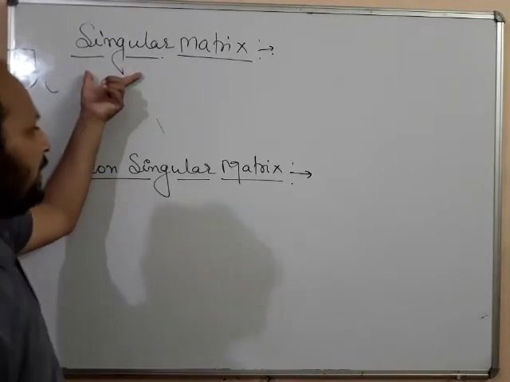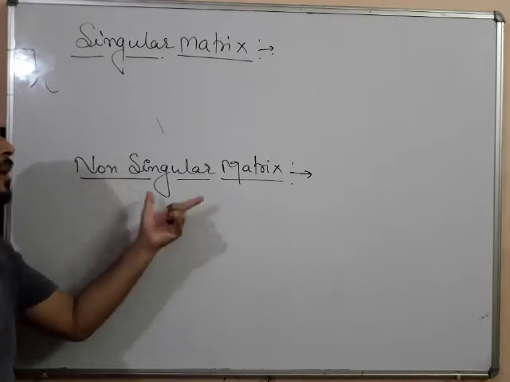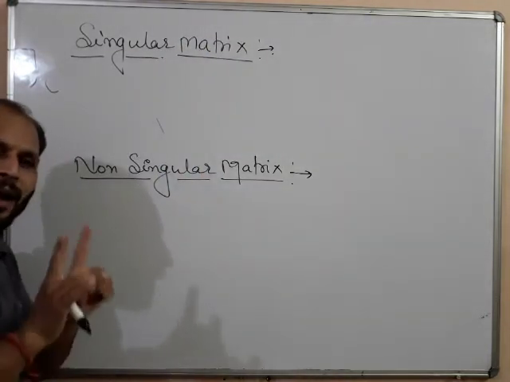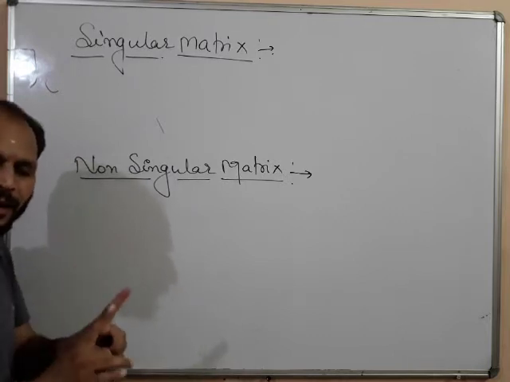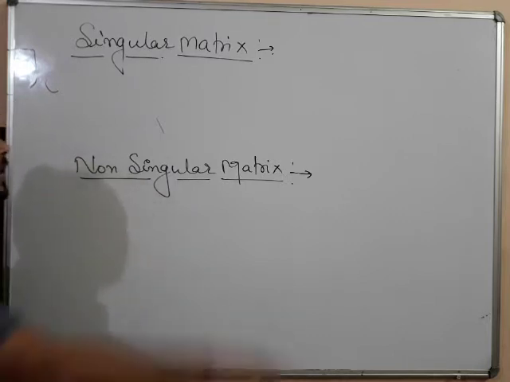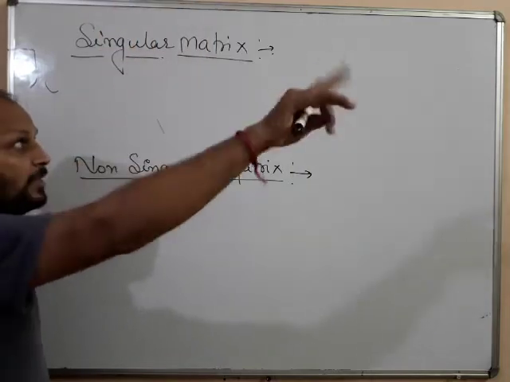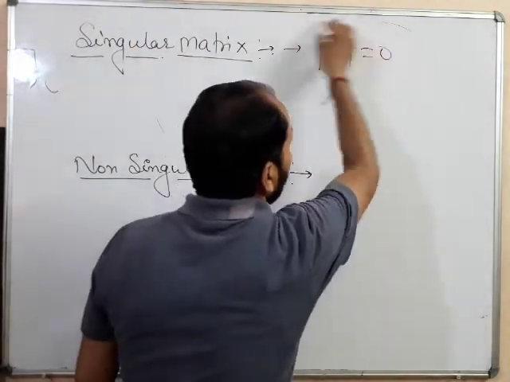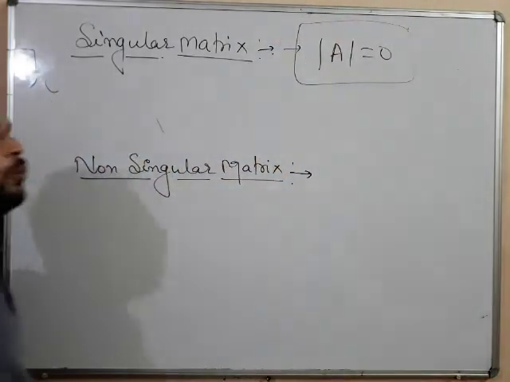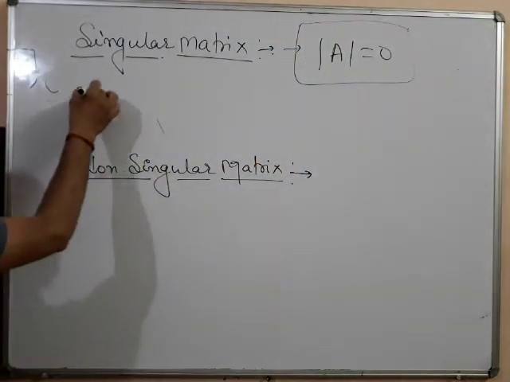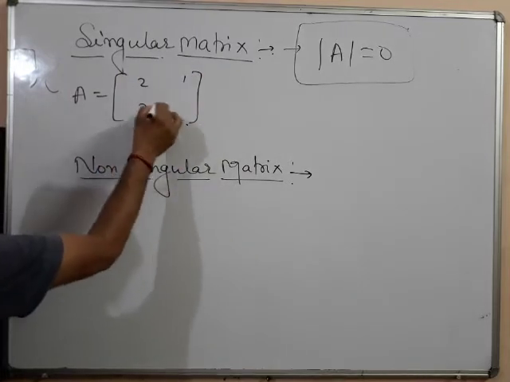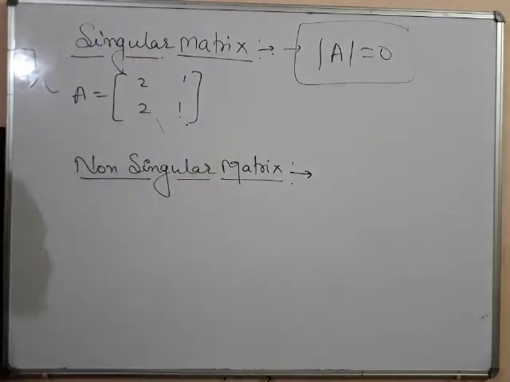Now, singular matrix and non-singular matrix. What is a singular matrix? A matrix having determinant 0 is called a singular matrix. Means for a singular matrix the determinant is 0, like A equals 2, 1, 2, 1. Clear?